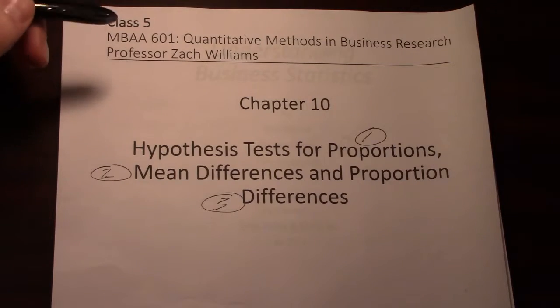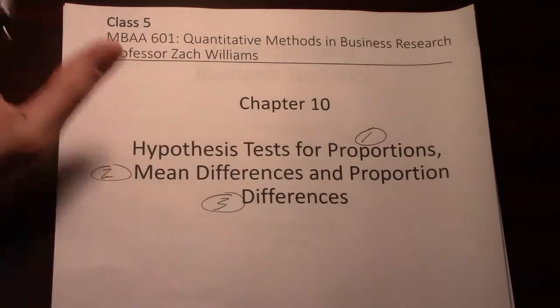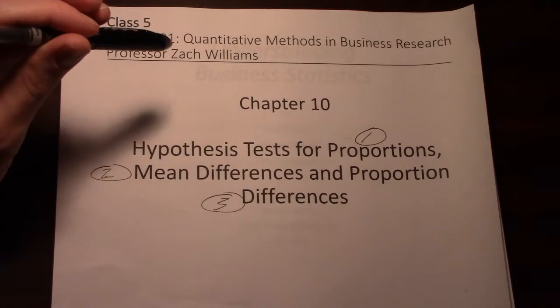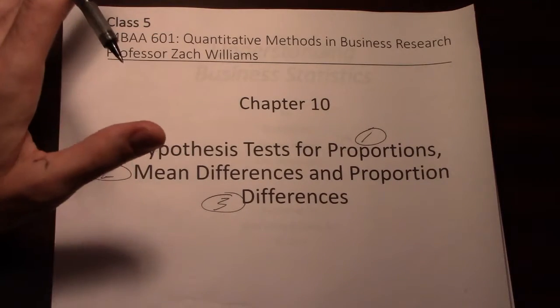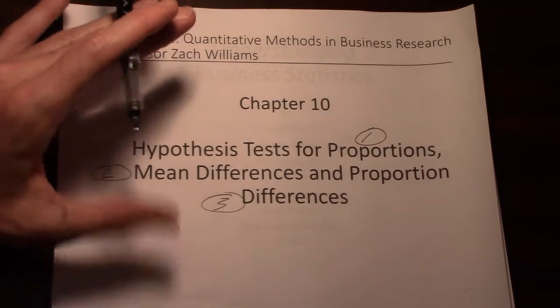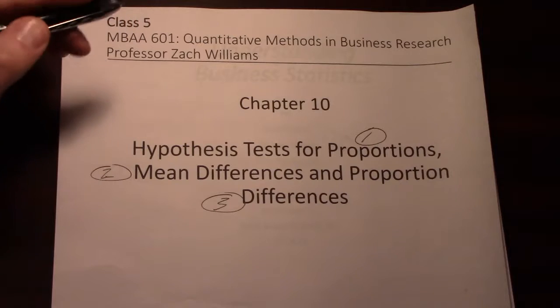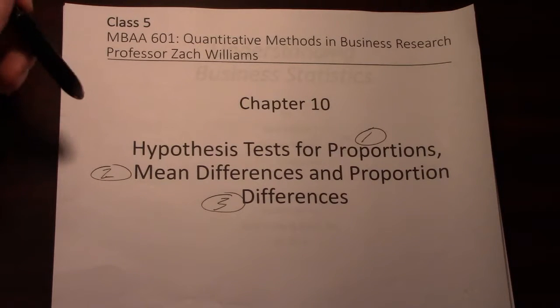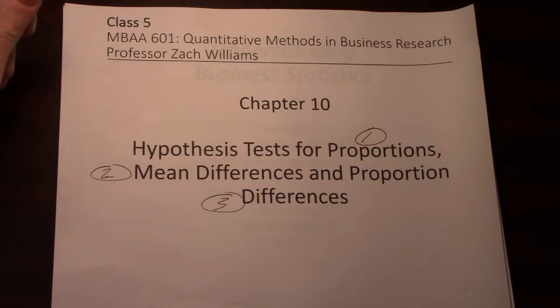So once you understand the class 4 material, this is going to be just easy, almost review, and just applying a few formulas. But if you are still a little shaky on hypothesis testing, the place for you to get unshaky is the class 4 material, class 4 quiz, class 4 homework, class 4 video.